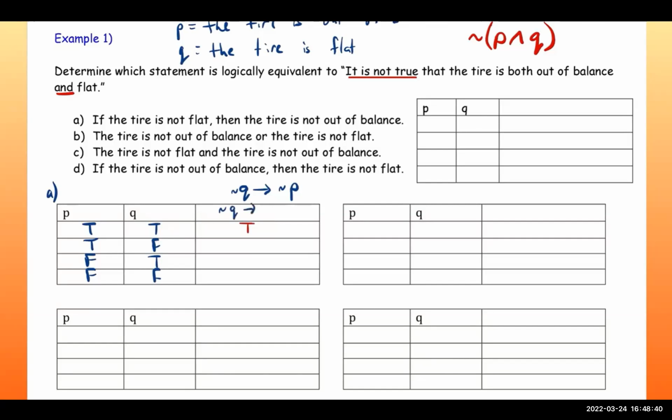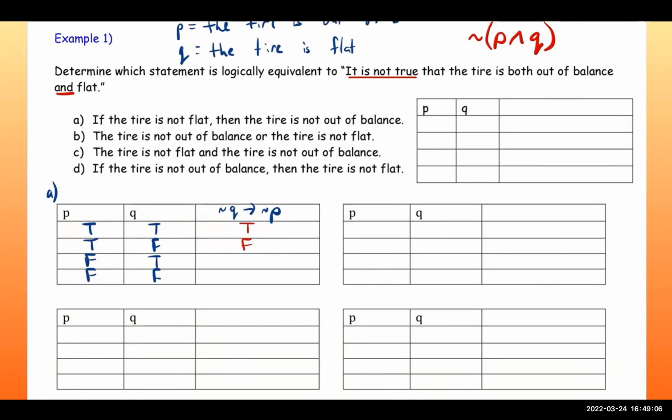Let's look at the next one. The next one says not Q. That would be true. If true, then not P would be false. That would be a false statement. If you have a true followed by a false, that means false.